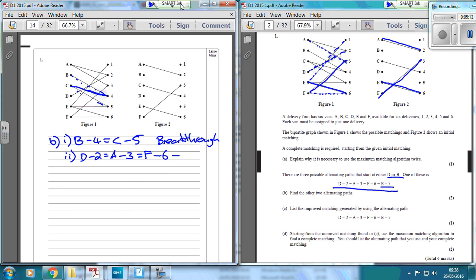So 6 is matched to E, which can now go to 1, which is different to this path here. And then when we get to 1, it's unmatched, so that is a breakthrough. So that's that one.